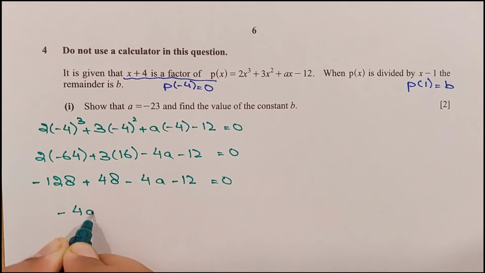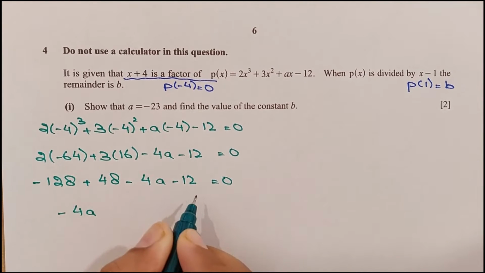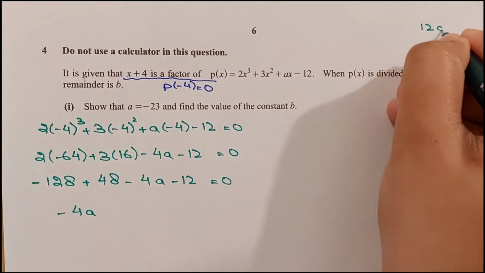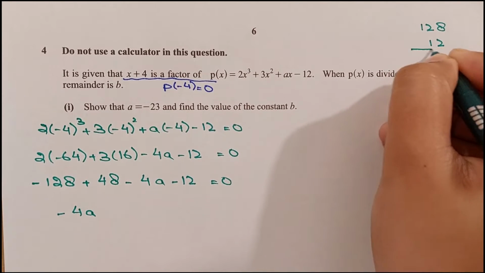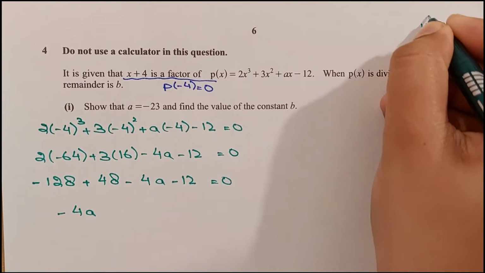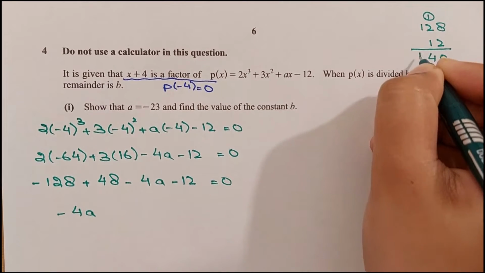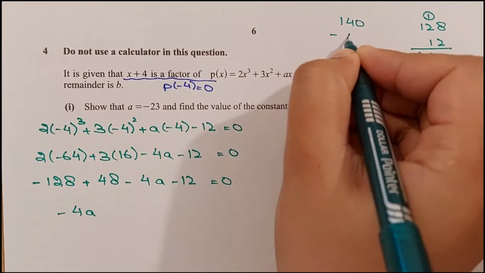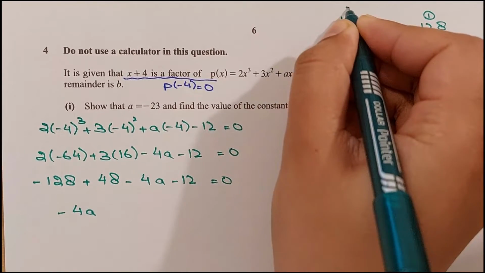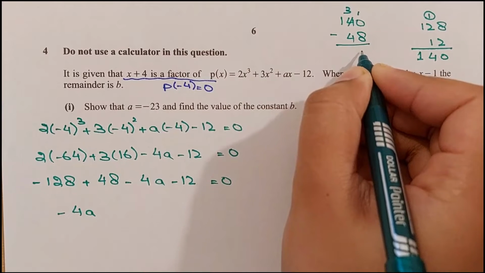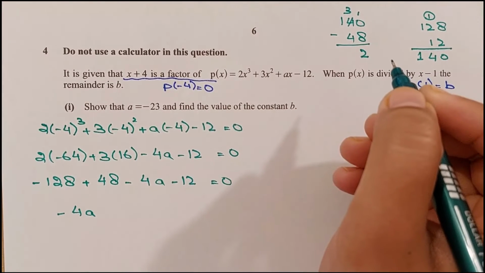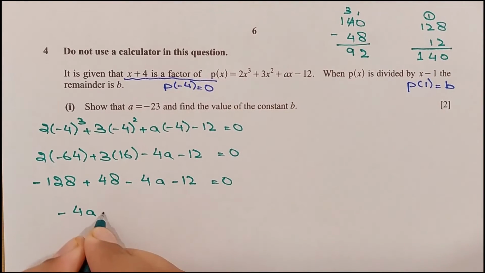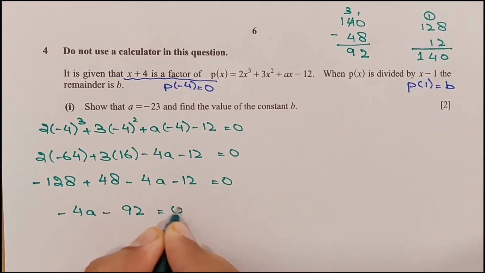So negative 4a, let me add 128 and 12 and then subtract 48. 128 plus 12 is 140, and from 140 take away 48, which gives 92. So negative 4a plus 92 equals 0.